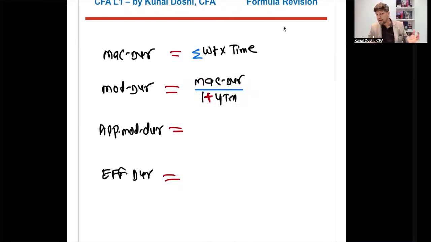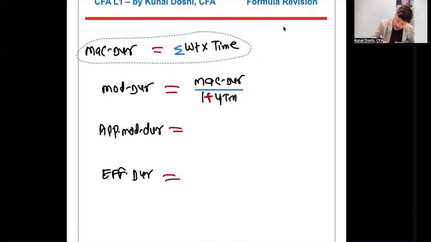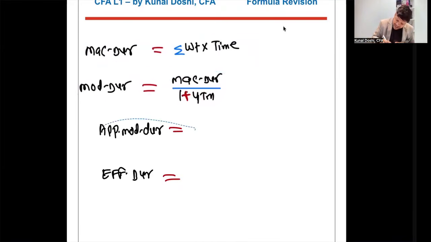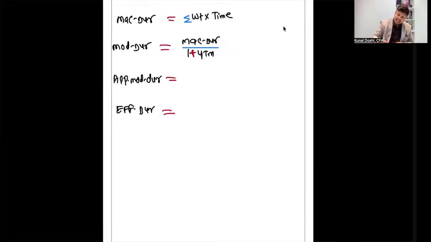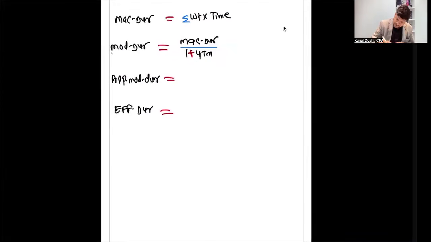What is the use of modified duration? Modified duration works like a sensitivity, like a beta. So modified duration is used to find what? Change in the price of the bond. Remember, it is modified duration that we use to find the percentage change in the price of the bond.